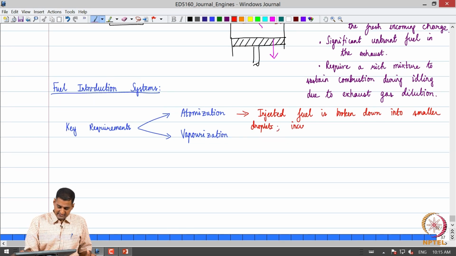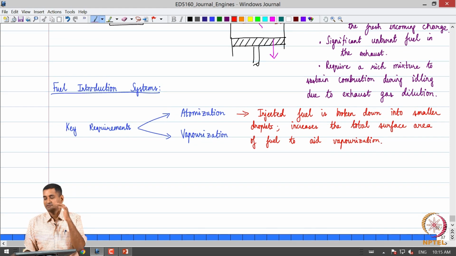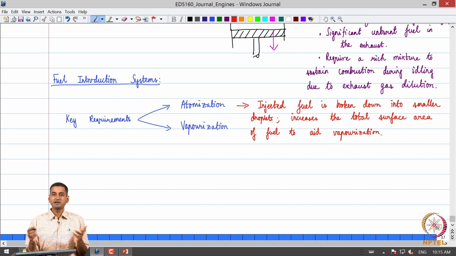This increases the total surface area of the fuel exposed to air, right, to aid vaporization. Okay, so that is the bottom line. So you break it down into smaller droplets, smaller fuel particles, so that we increase the surface area of the fuel particles and that can be vaporized, right.